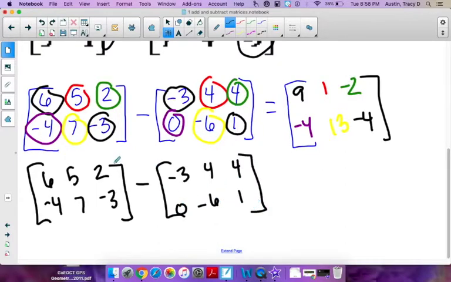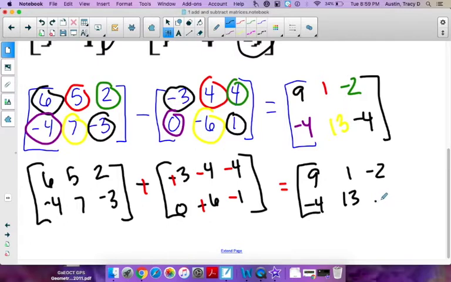So if you don't like dealing with the subtraction, technically we don't subtract, we add the opposite. You just have to make sure you change all of your signs in the second matrix so that you can do so. And then you're just going to be adding 6 and 3, 5 and -4, 2 and -4, -4 and 0, 7 and 6, -3 and -1. So you're welcome to do it that way if it makes you more comfortable.